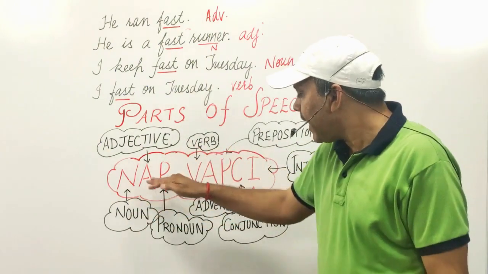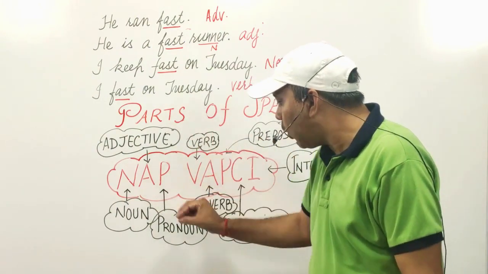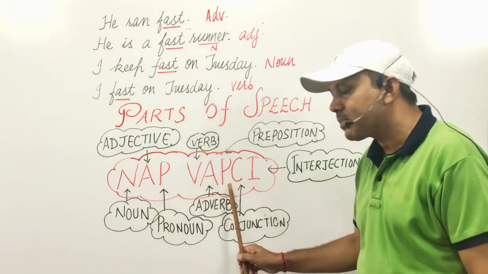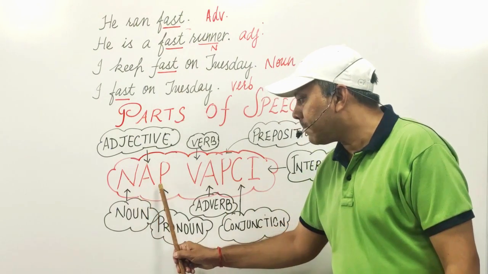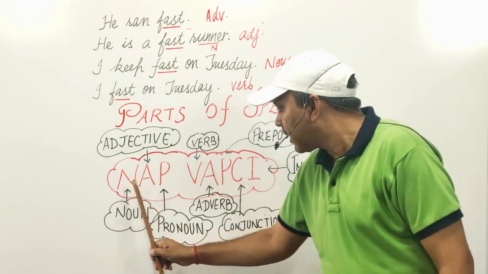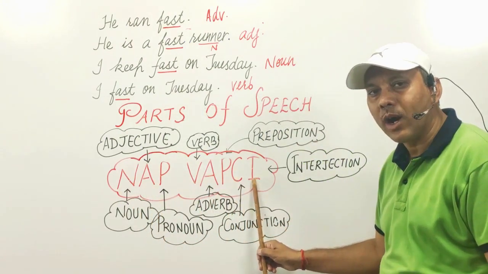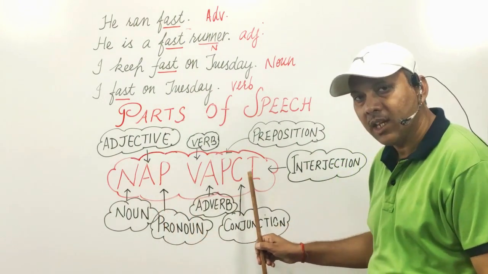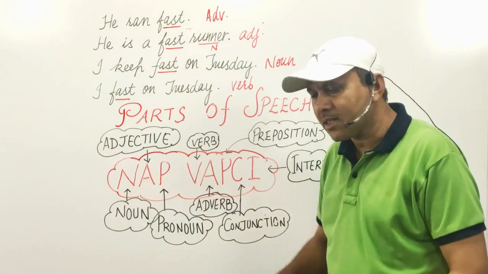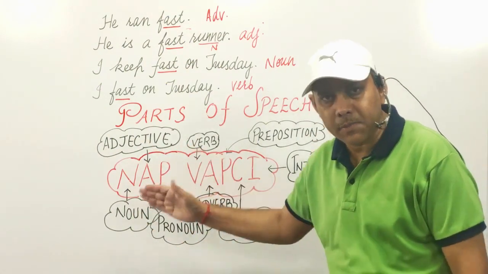I have made a mnemonic for you to learn about all the parts of speech, and the mnemonic is NAP WAPSI. N-A-P, NAP. You can cram it, you can remember it. W-A-P-S-I, WAPSI. NAP WAPSI has 8 letters, and all the 8 letters refer to different 8 parts of speech respectively.